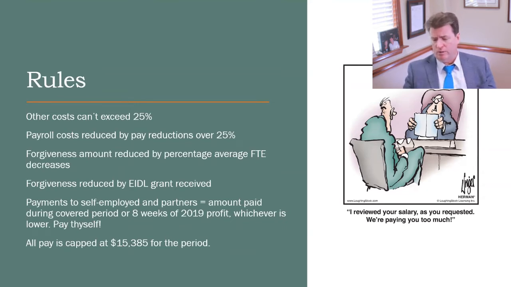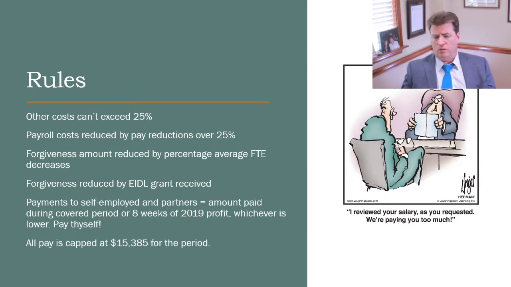So what does that mean if you're a sole proprietor? You probably just take money out of your business account and put it in your personal account as a distribution equal to what you had in the loan that you qualified for. We can help people do these calculations. All pay is capped at $15,385 for the period, and that's the annualized $100,000.